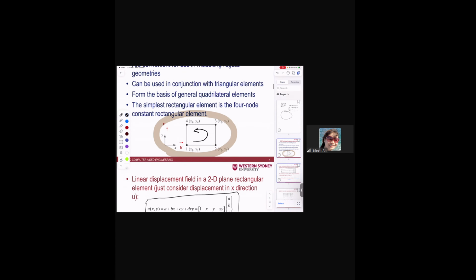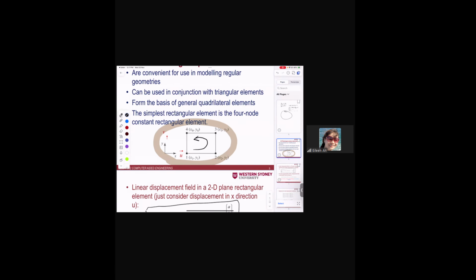So if we assume the displacement is linearly distributed, the displacement u, which is the x direction deformation, equals a plus bx plus cy plus dxy. Okay, look, we have 4 constants, a, b, c, d. And for this element, we actually know the displacements of those 4 nodes. So we have 4 equations and 4 unknowns. We can solve for those unknown constants, a, b, c, and d.